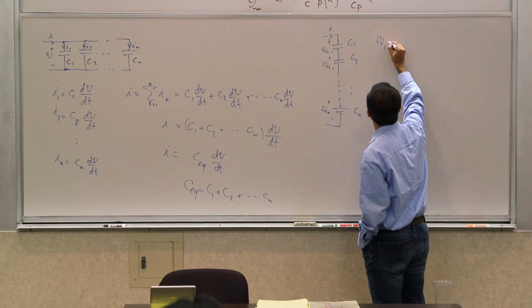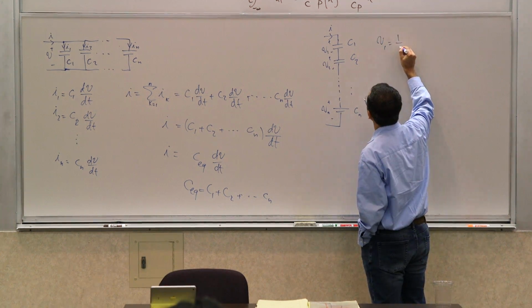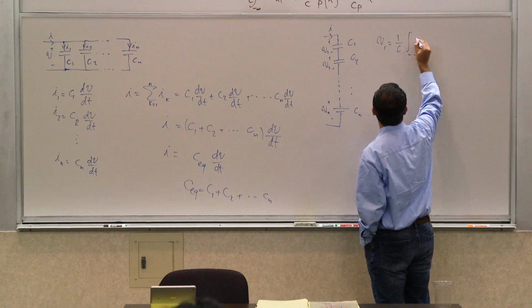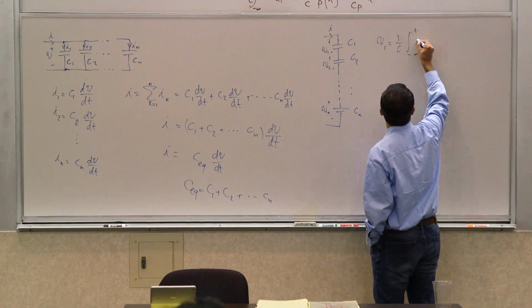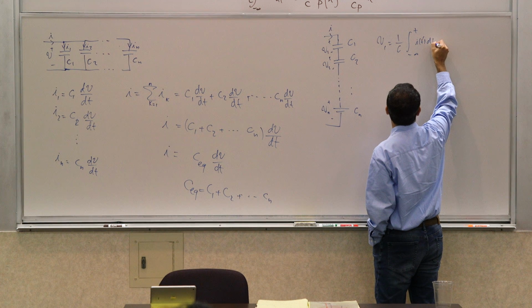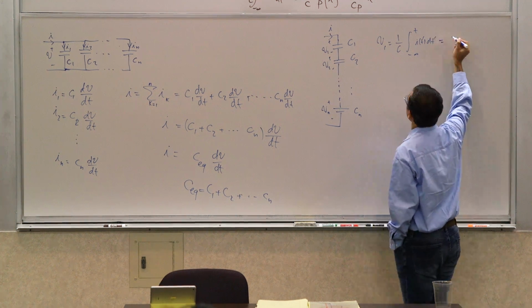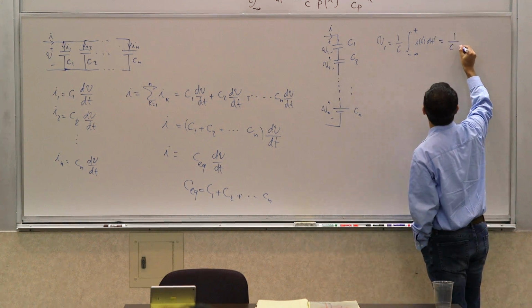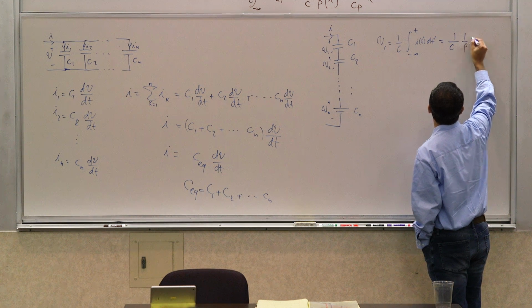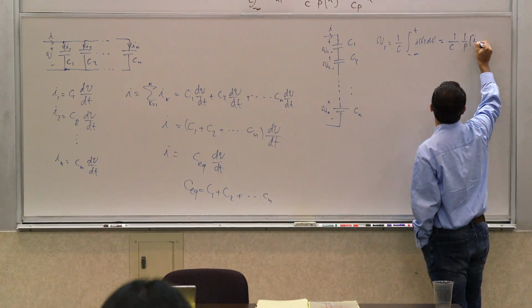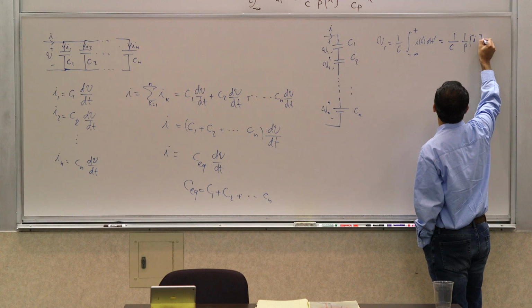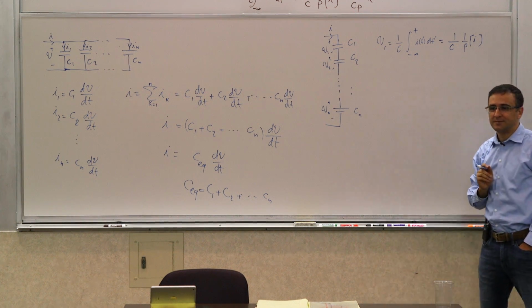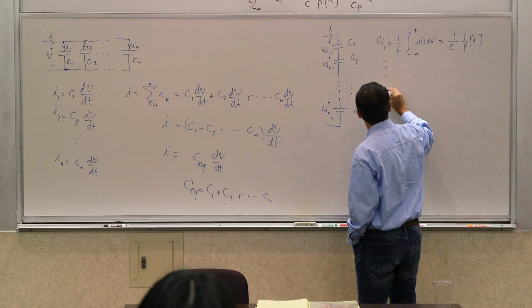So I say V1 is going to be 1 over C times the integral from negative infinity to t of I of t prime dt prime. Or for short, I basically can write it as 1 over C, 1 over p of I. Right? And so on and so forth for all of them.